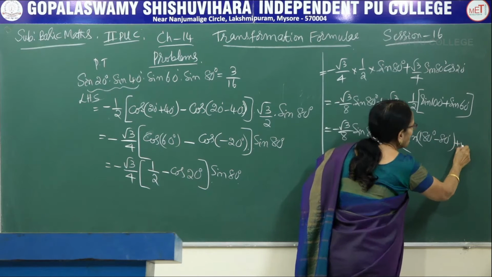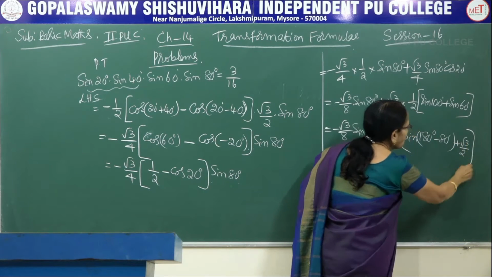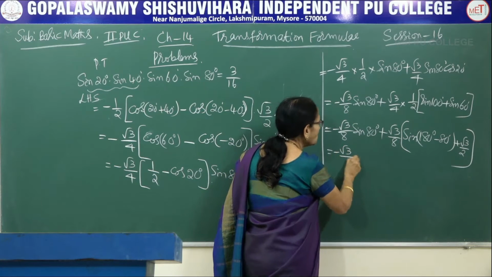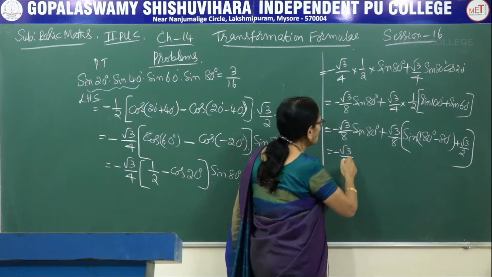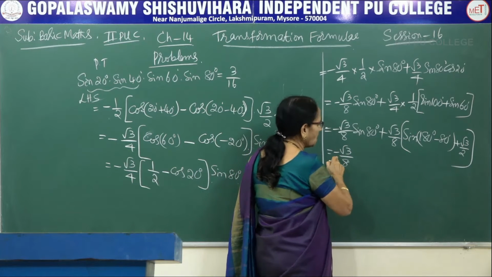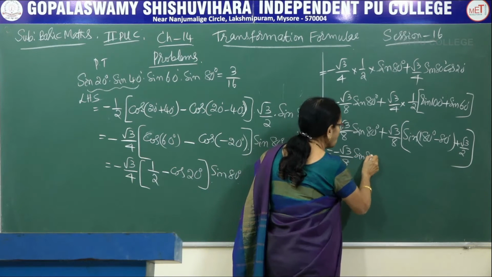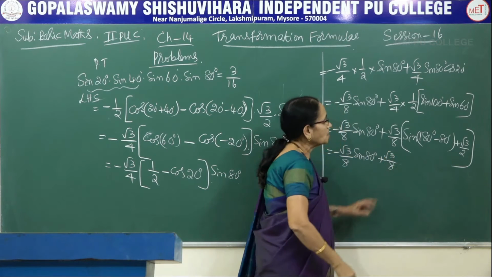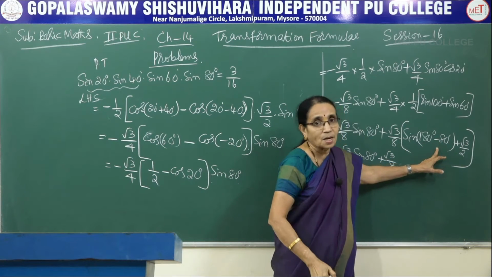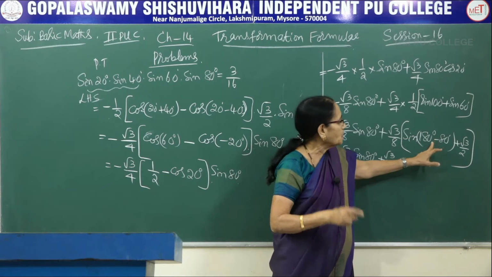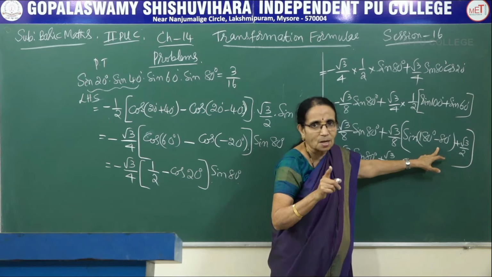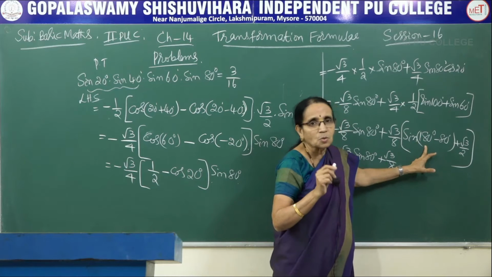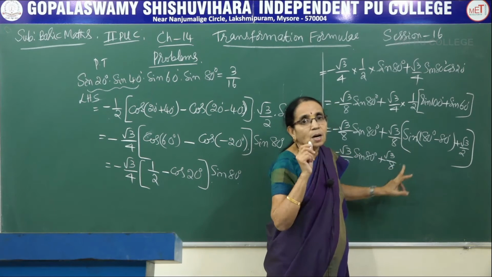Sin 60, again it is a standard value, write it as root 3 by 2. Now let me remove the bracket. It is root 3 by 8 with a minus sign into sin 80 plus root 3 by 8 into sin of 180 minus theta. Again allied angle rule. 180 minus something means it comes in the second quadrant where sin is positive, and because I am using 180, the same function continues.